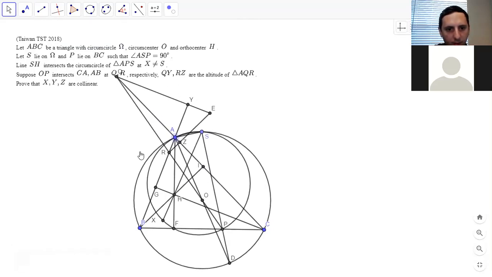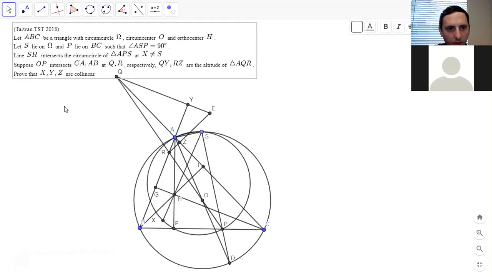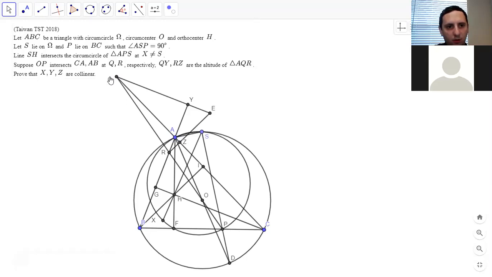Maybe that looks better. So PO meets the sides at Q and R. SH meets the circle at X. Yeah, so I don't know if it helps to show that SH passes through E.